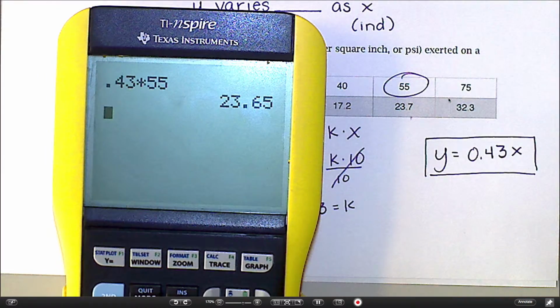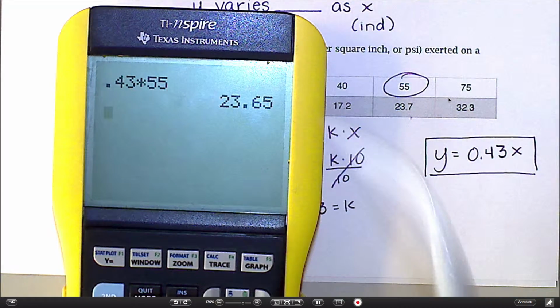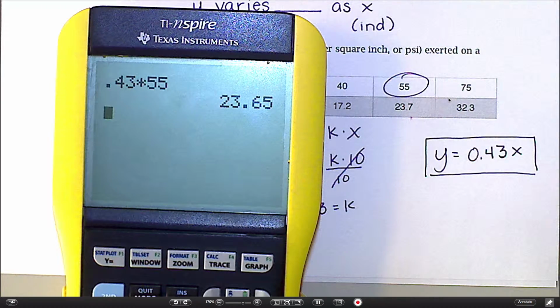In a real life situation, is it possible that we would have measured like 24 and then our equation gave us 23.7? Yes. So being a little bit off is not a big deal, okay? Because this is just a general model. It's not like a specific, this is exactly what happens every time. Good? Does that make sense?